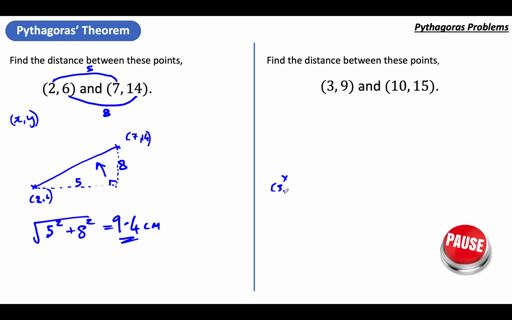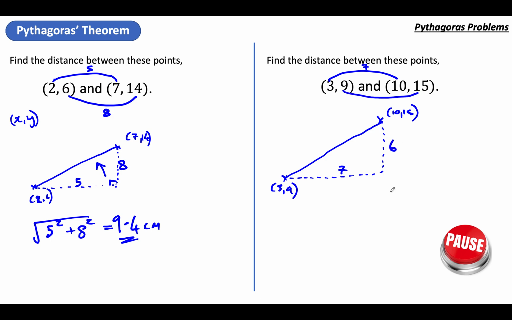Okay, right. 3, 9. Let's imagine that's there. And the other one we're going to say is there at 10, 15. Just coordinates. I've just got a pretend grid here. And I'm trying to find the line straight between them. So I'm going to imagine a right angle triangle. Well, we've gone from 3 to 10 on the x. That's plus 7. So this triangle has a length of 7. And from 9, we've gone to 15. That's a difference of 6.